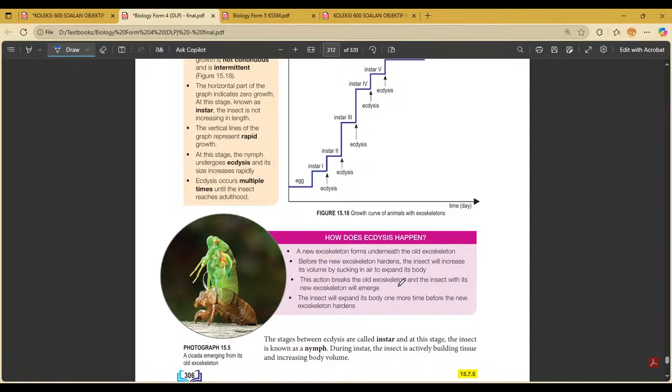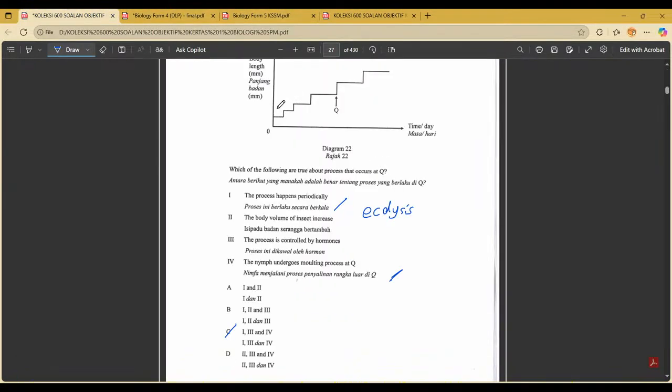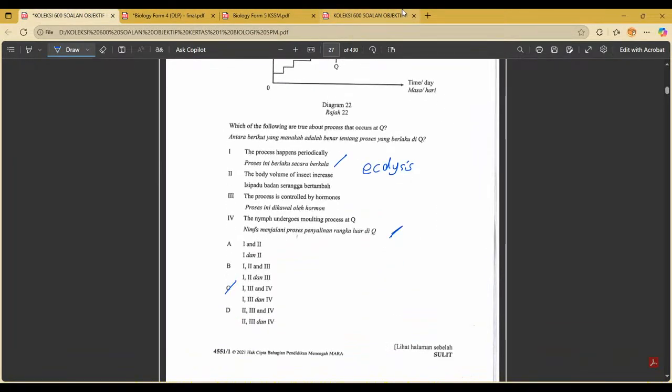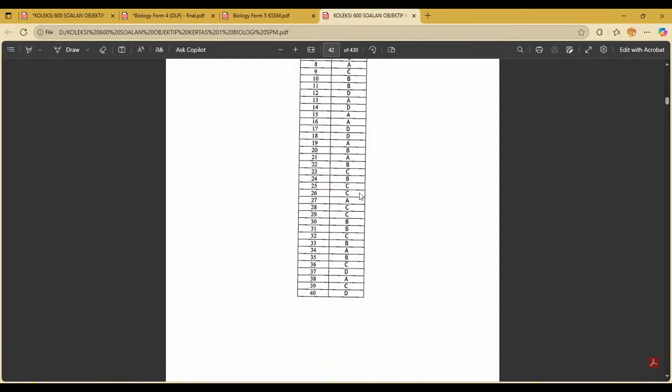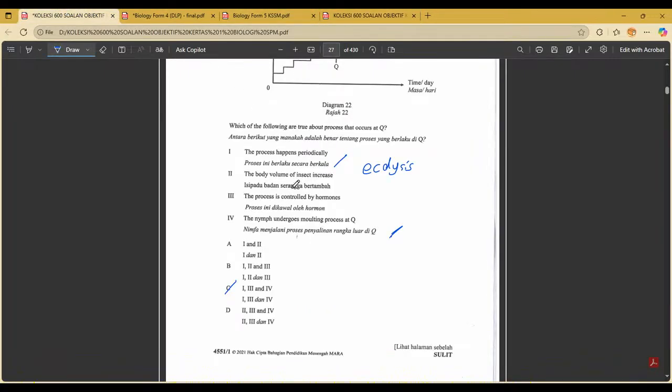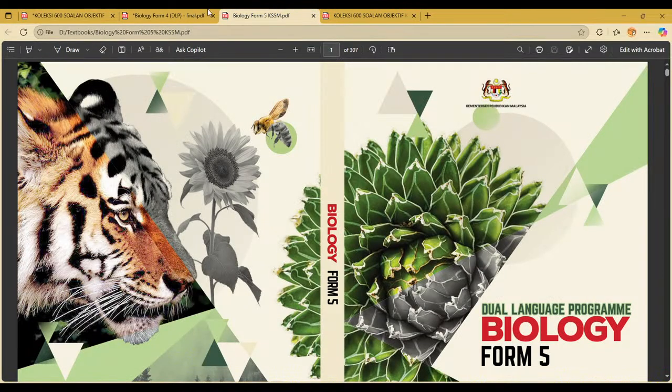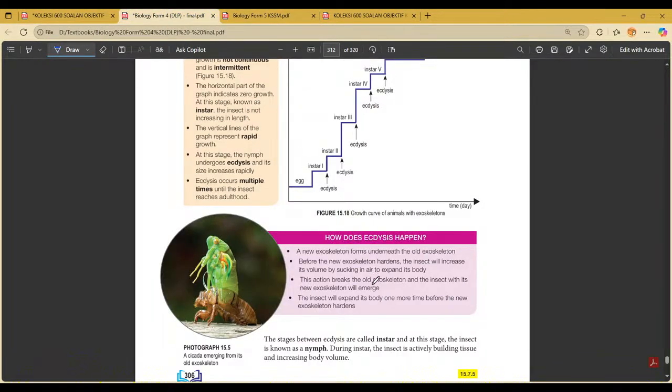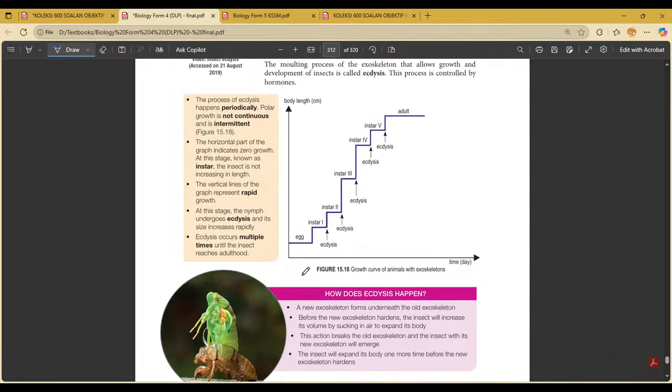I think, okay, let me check the answers. This is question 96. 96C. Yeah, C. Does the volume not increase? It does increase, right? Insect increases its volume.